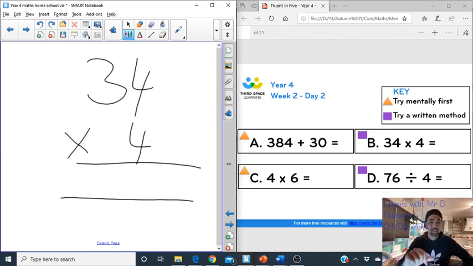So the first thing we do, we have to start with the ones, don't we? 4 times 4, 4, 8, 12, 16. 4 times 4 is 16, and sometimes I like to write the sums that I'm doing at the side just to make sure I'm really getting everything right. So 4 times 4 is 16. If you're doing that expanded method, you would put 16 in the correct columns and then do 30 times 4, put it underneath and add it all together.